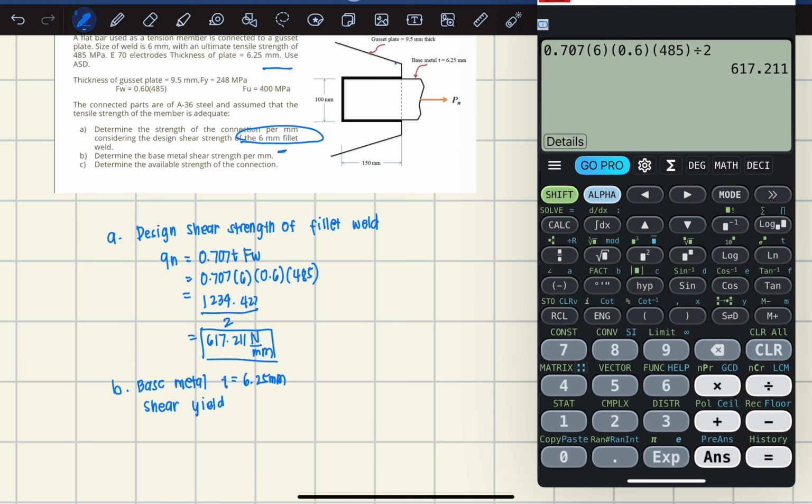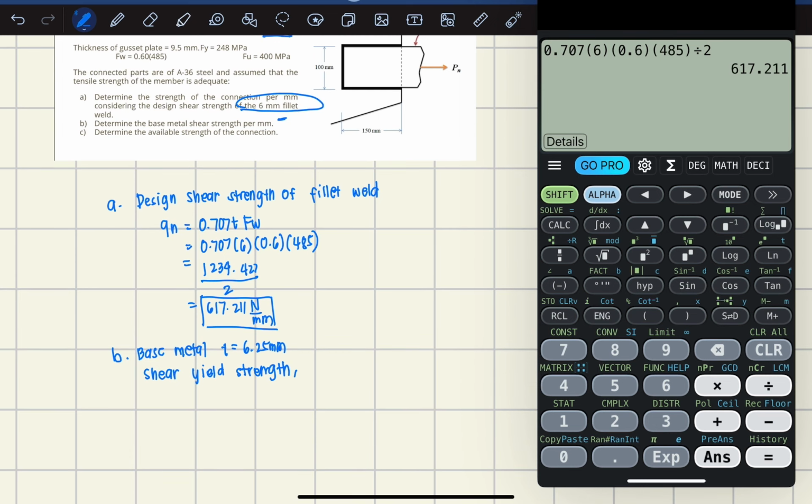So, shear yield strength. Dalawa yung pagko-compute natin ng shear. Then, saka natin siya i-compare kung ano yung gagamitin na design shear strength. So, Qn is equal to 0.6 Fy since shear yield strength to times the thickness.